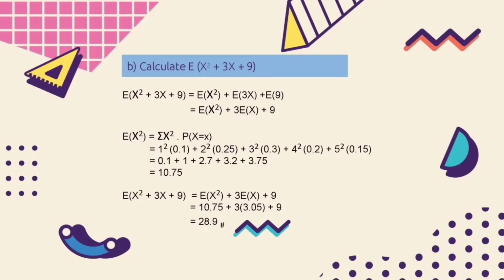And then we just need to enter the correct numbers to get E(X squared). The answer should be 10.75. After that, we need to enter the correct values, which is 10.75 plus 3 times 3.05 plus 9, and we get 28.9.